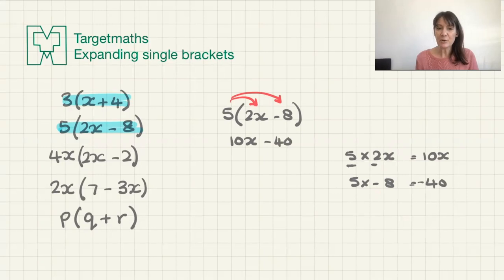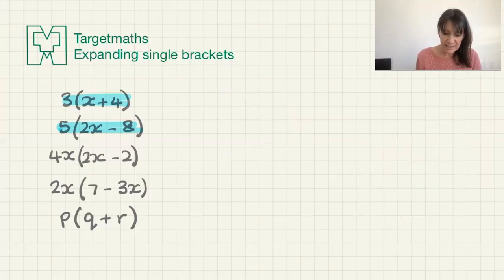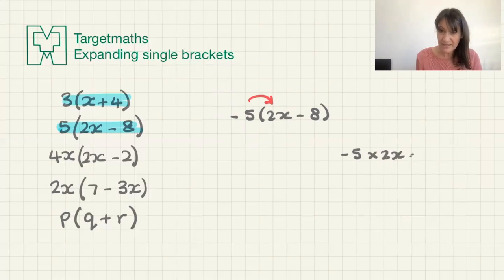Now, technically with single brackets, I don't need to be thinking that much about the sign. It tends to just drop down, unless of course I've got a sign in the front, which I'm going to do because it would be useful to see that. Unusual to see in an exam. Let's say we've got minus 5 times 2x minus 8 this time. When I do this first step, I've got to be really mindful that I'm doing minus 5 times 2x. Well, minus 5 times 2 is minus 10.